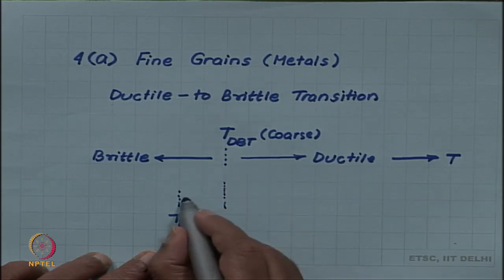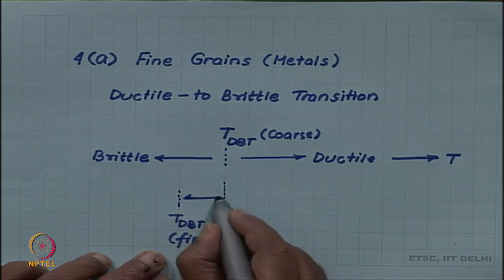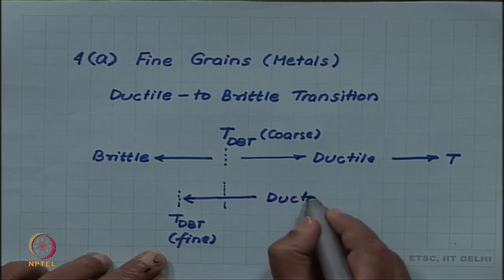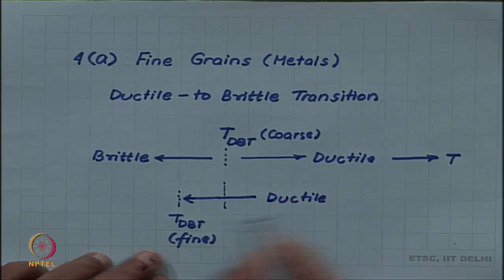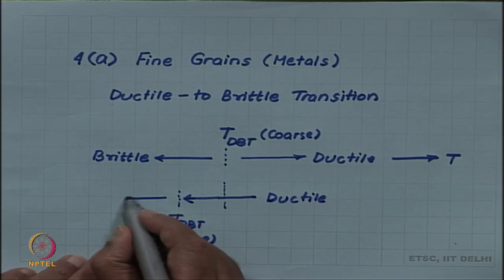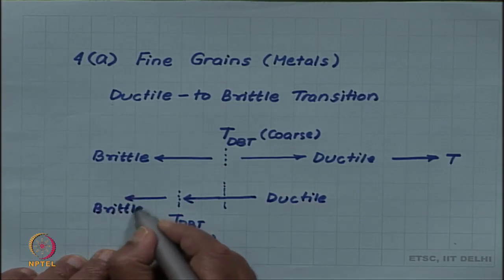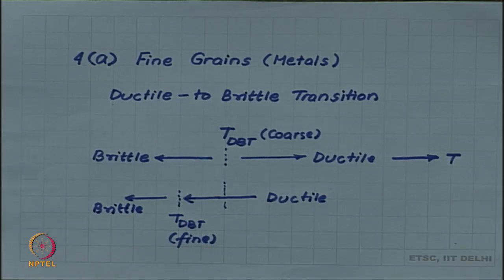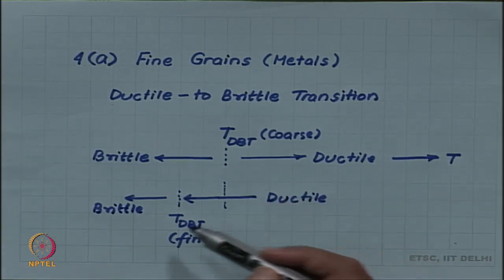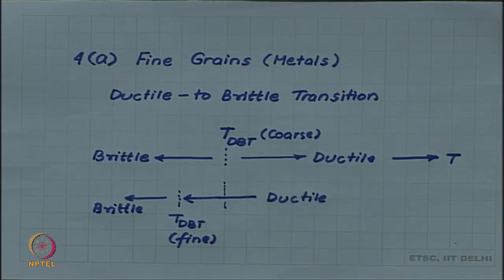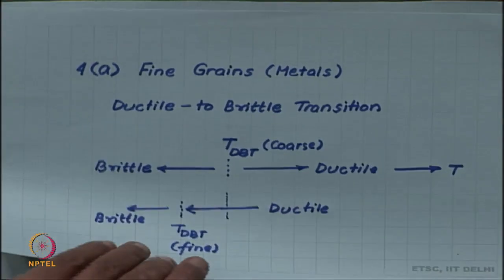So, you can see that the ductile regime now increases and the brittle regime decreases. So, lowering of the ductile brittle transition temperature due to fine grains is useful for metals.